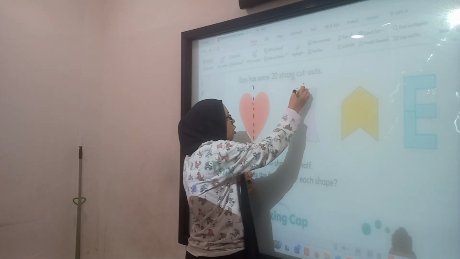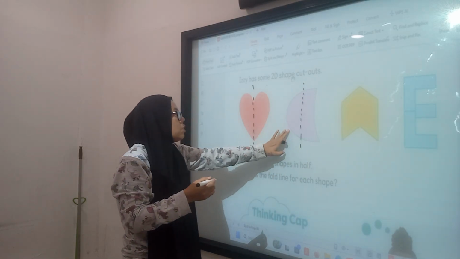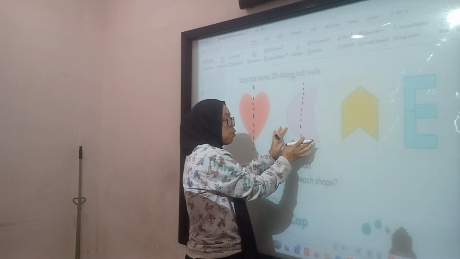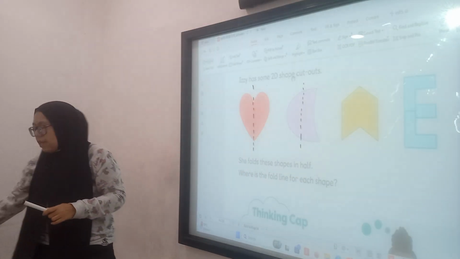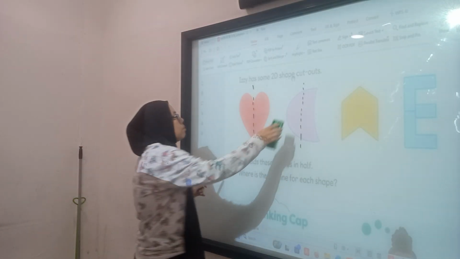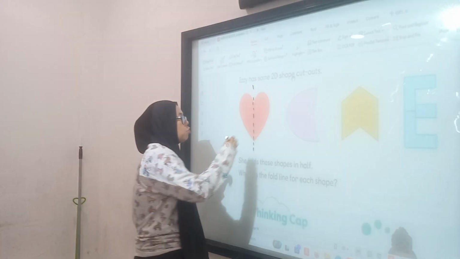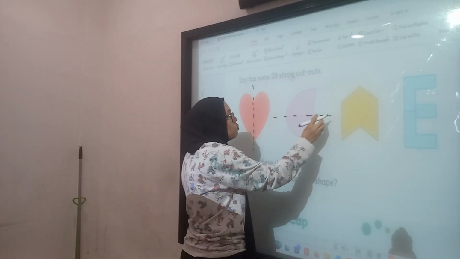And then this one too. When we try to flip it vertically and it's not the same or does not match, it means that this is not a line of symmetry. And then if vertical doesn't work, we can change to horizontal. So when we flip it, this is the line of symmetry.